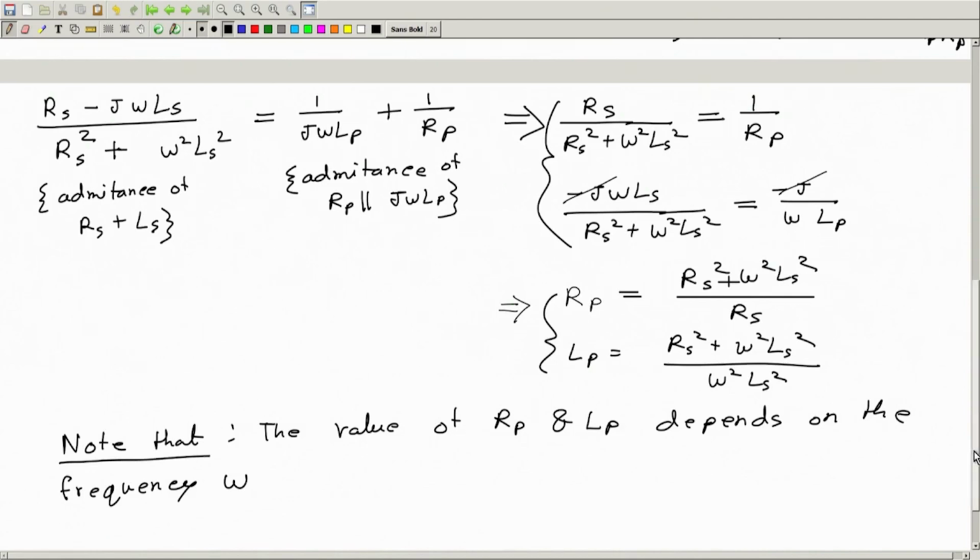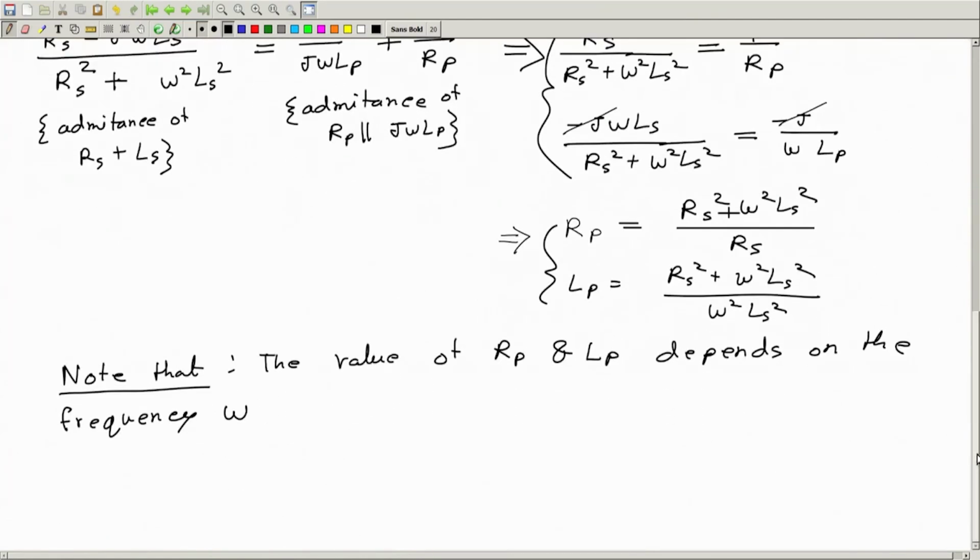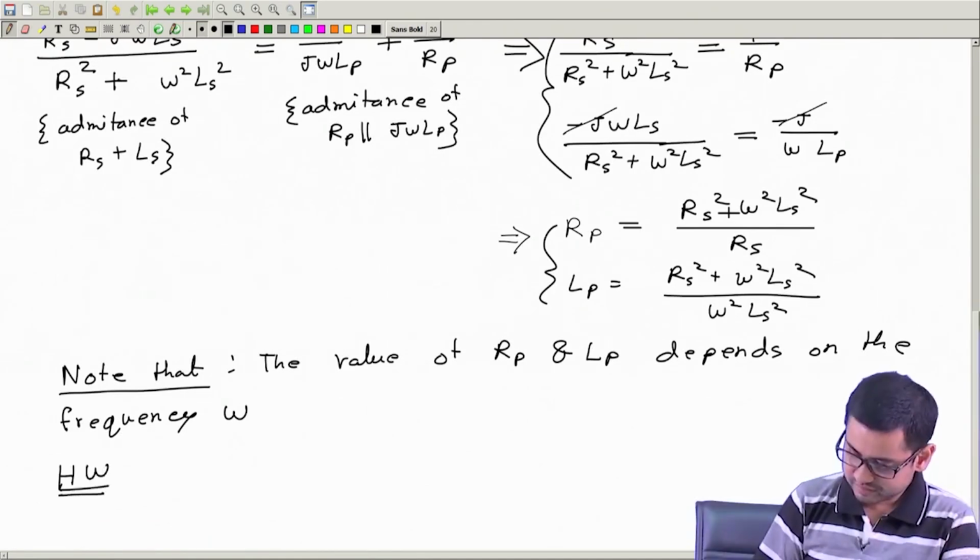Now, let me just give you a small homework, which is very easy to do. Here we have found the value of Rp and Lp given the value of Rs and Ls.